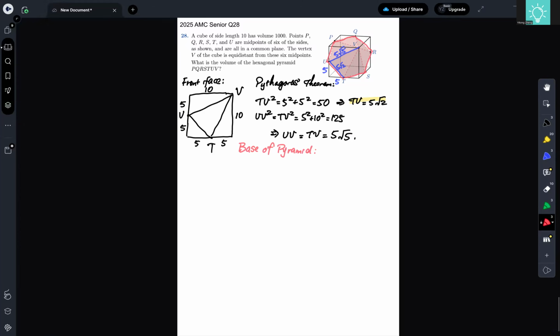The base of this pyramid is going to look something like that. PQRSTU. By symmetry, this is a regular hexagon with side length 5 square root of 2. So what I can do is split this up into 6 equilateral triangles. They're not different, they should have the same area.